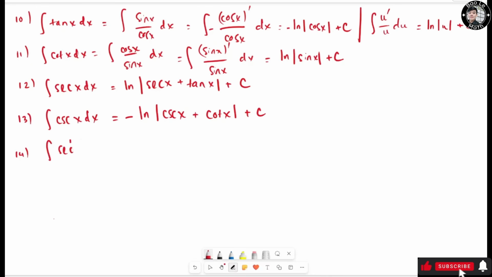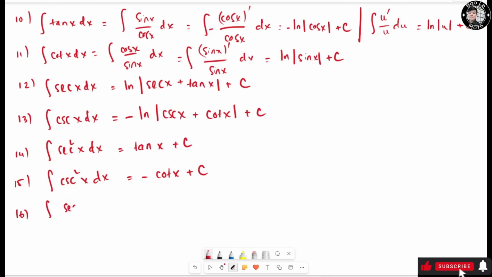The antiderivative of secant squared s ds equals tangent s plus c. Number 15. The antiderivative of cosecant squared s ds equals negative cotangent s plus c. Number 16.